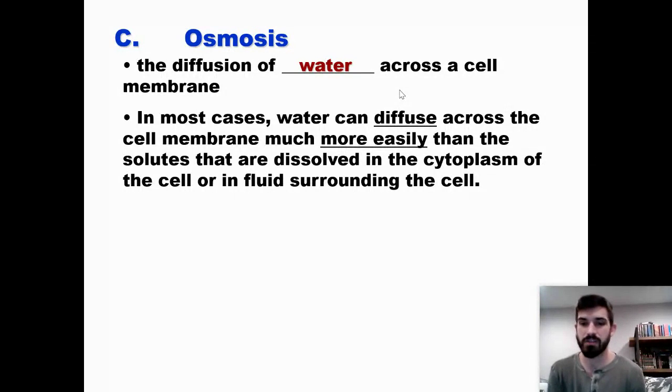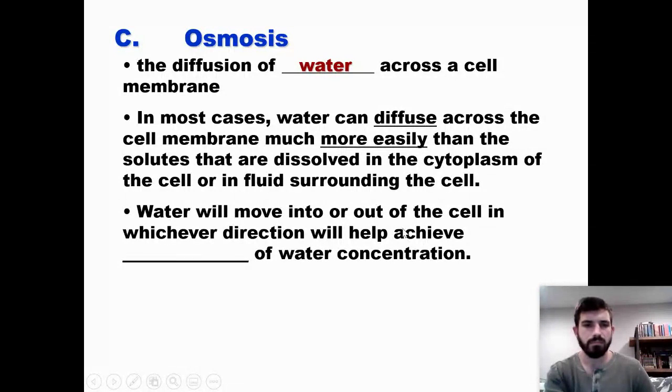It's going to take less energy for the cell to just be able to move water across the cell membrane than it would other substances. So because water is able to move more easily across the cell membrane, it overall saves the cell energy in that way. And water is going to do this until it achieves equilibrium.